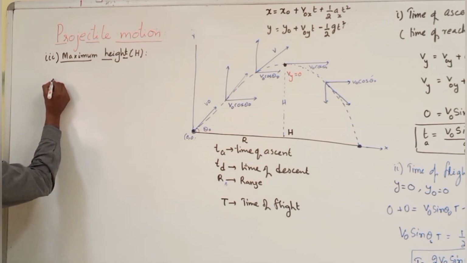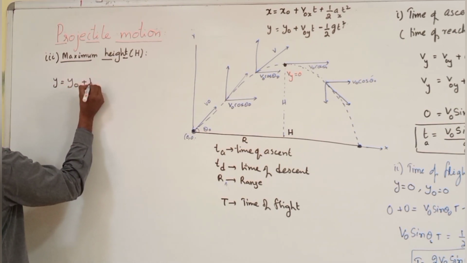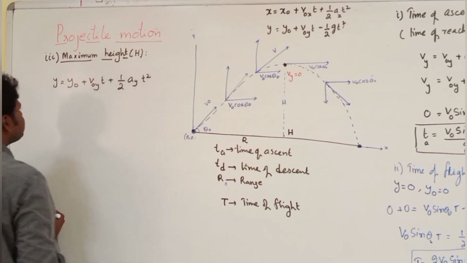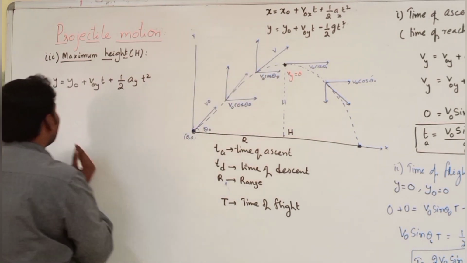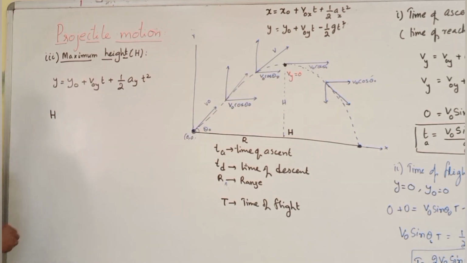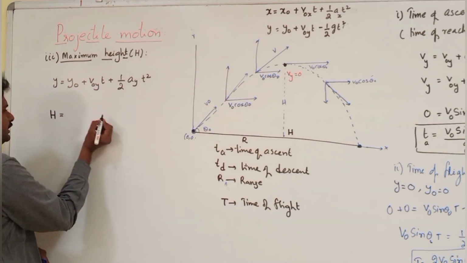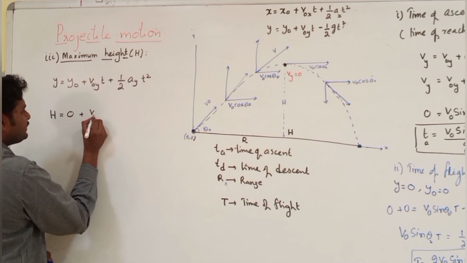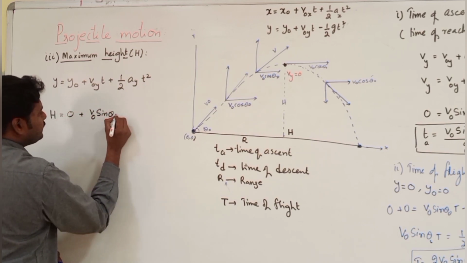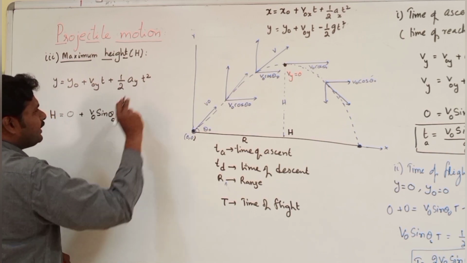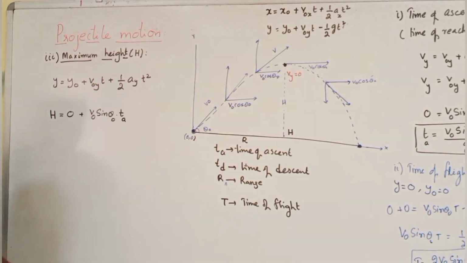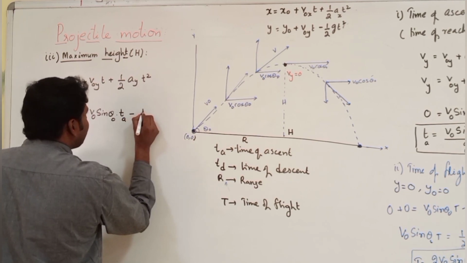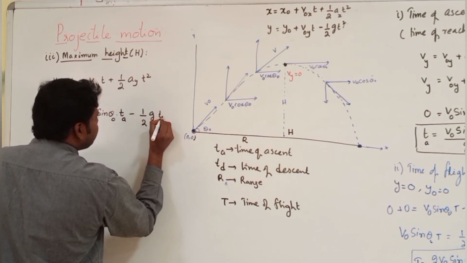So y is equal to y naught plus v naught y t plus half a y t square. What is the distance y? y is equal to capital H. What is y naught? Initial distance in the y component covered is 0. And what is the initial velocity? v naught sin theta naught, into t. What is the time that has been taken? That is the time of ascent to reach the maximum point, which we have already derived, minus half g t A square.